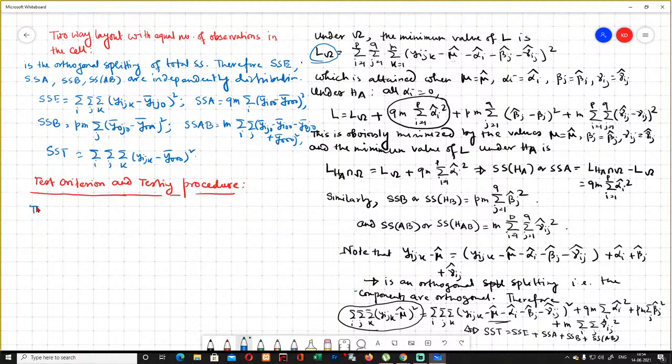The degree of freedom, df, of SSA is p minus 1, since we have one linear restriction, that is summation i from 1 to p alpha i hat equal to 0, and p minus 1 alpha i hat are linearly independent.